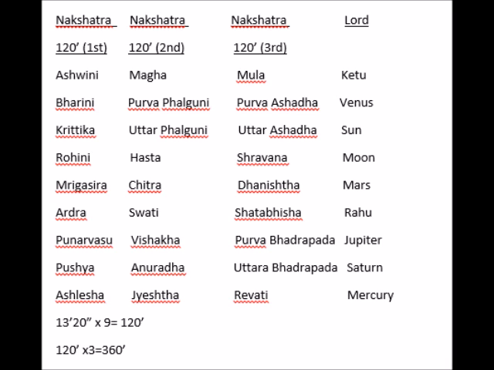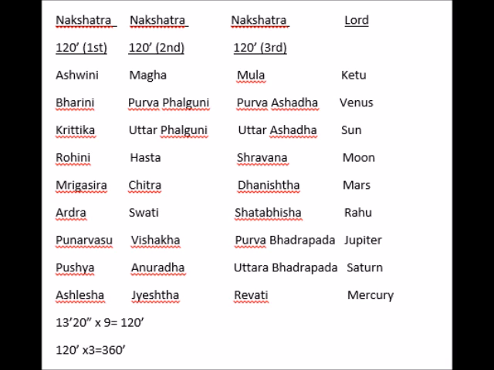and starts with Ashwini, and as we know, Ashwini starts from the Aries zodiac sign for a distance of 13 degrees and 20 minutes. Then Bharani is the next nakshatra, which starts from 13 degrees 21 minutes to 26 degrees and 40 minutes, and that also is in the zodiac sign of Aries. Why?